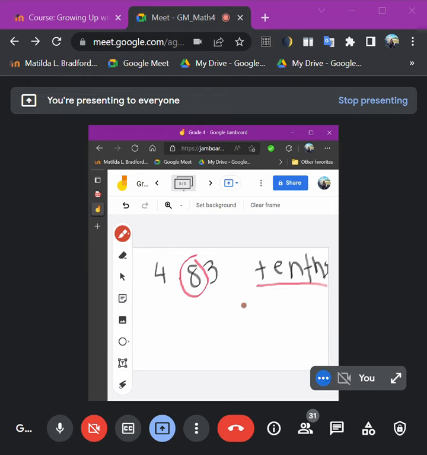Remember, 1, 2, 3, and 4, that is round down. If it is 5 to 9, that is round up.